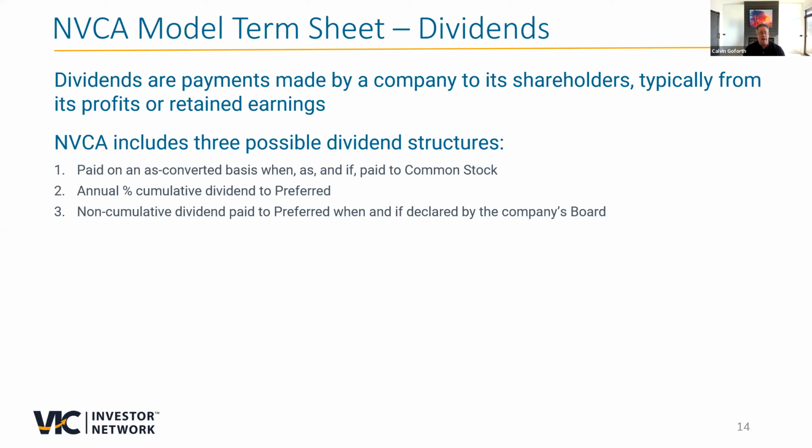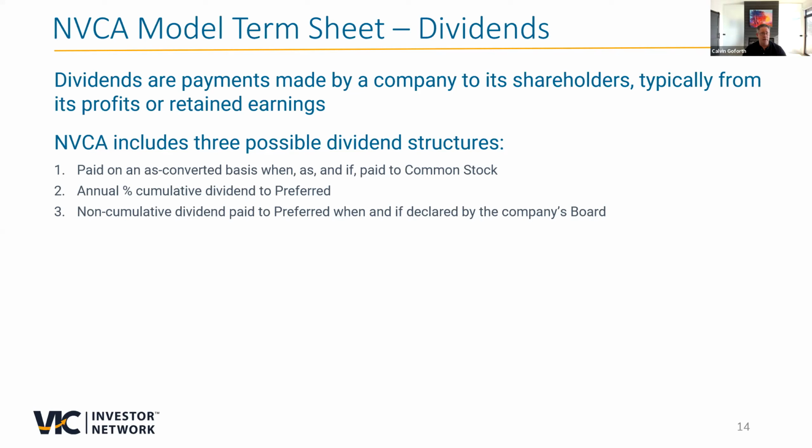That means basically all shareholders, common and preferred, are on the same basis for any dividends that the company may decide to issue. The preferred stock dividends are just calculated as if they were converted into common stock. That's the simplest. That's the approach we would normally take.